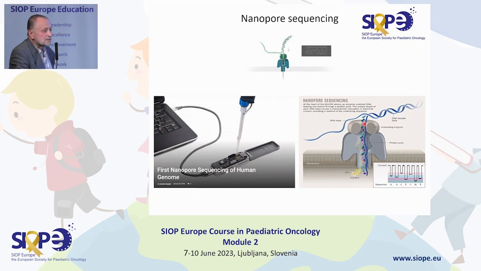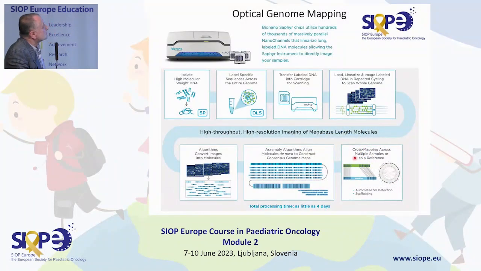Because every base has a different resistance to the current, you can deduce and actually sequence that. And you can sequence the whole genome with that, long read sequencing. It's very convenient and not too expensive. So it's a very nice method, especially if you only have a low throughput, only single cases.